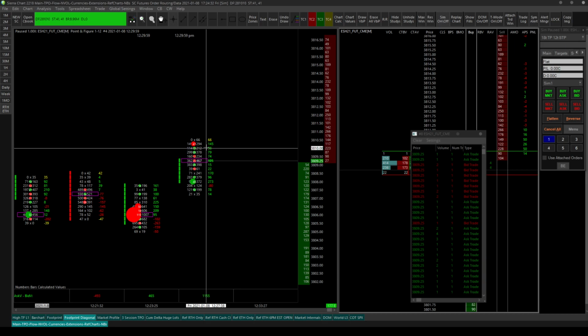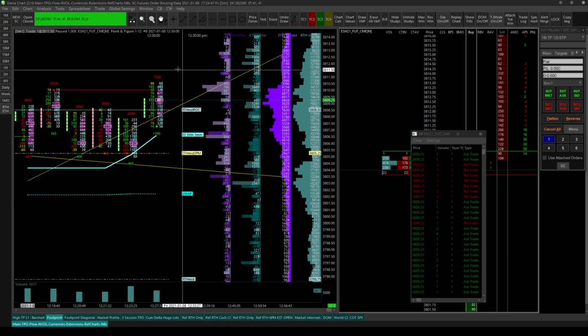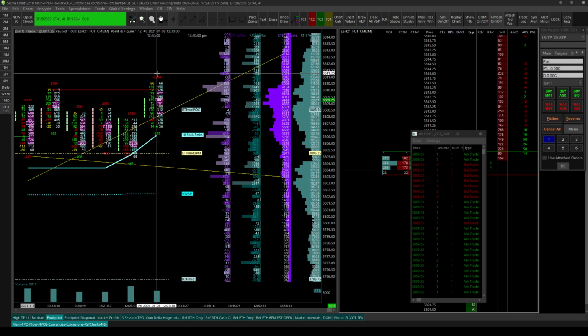So in this case, you can see it's positive. Anyway, I've got my chart over here configured to show me net deltas on the left side, and then volume transacted for the bar on this side, right? And then above, I've got my cumulative deltas for the session.